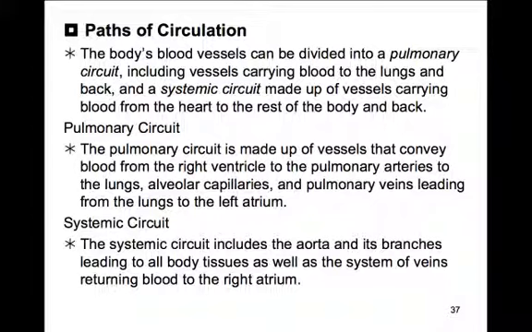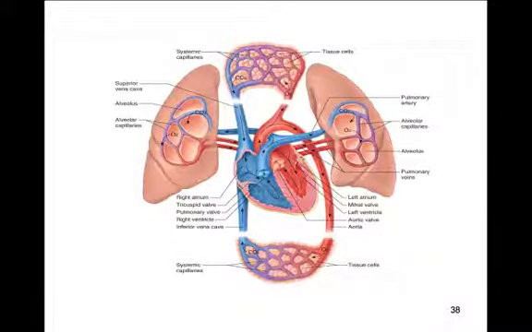The pulmonary circuit is made up of vessels that convey blood from the right ventricle to the pulmonary arteries, to the lungs, to the alveolar capillaries, and back through the pulmonary veins that lead from the lungs to the left atrium. You can see that exhibited in this figure here.